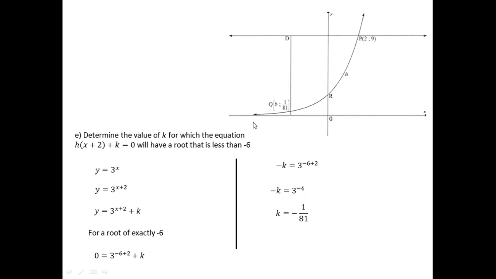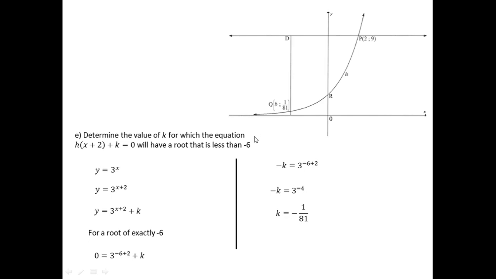Obviously, if we move it too far up, then it stops having an x-intercept at all. So we know that if my k is -1/81, its x-intercept will be exactly -6. If I move it up from there, the x-intercept will be moving to the left. But I can't move it any higher than 0, because as soon as my k gets to 0, then the asymptote will be 0, which means that there will be no more x-intercept.